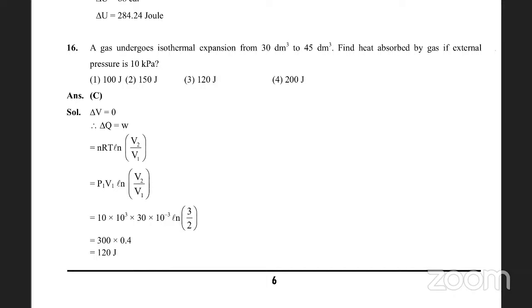Okay, look at this. The gas undergoes isothermal expansion from 30 dm cube to 40 dm cube. Find the heat absorbed by the gas if external pressure is this one. So in case of isothermal expansion, no change in temperature, no change in internal energy.